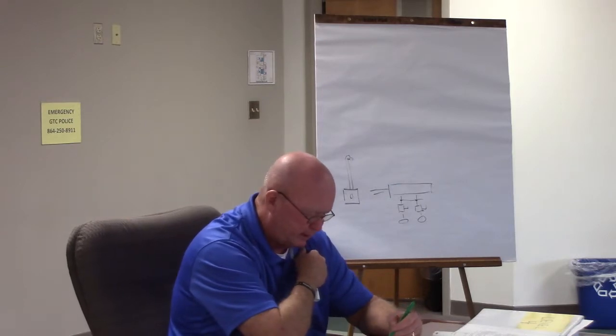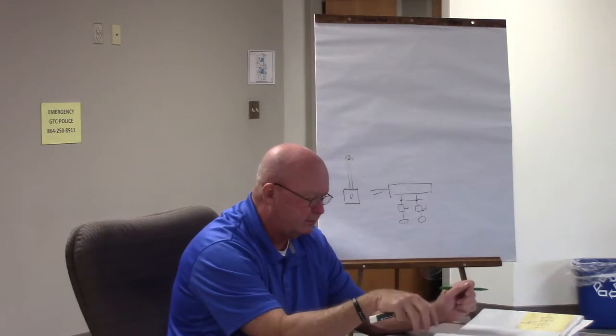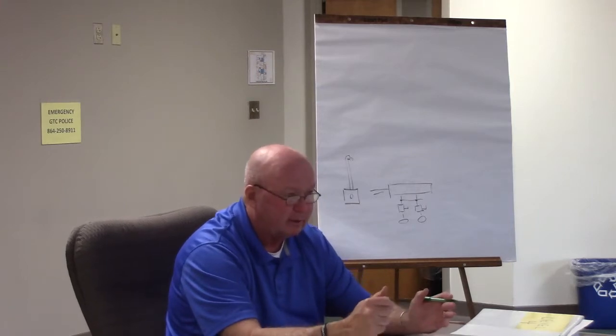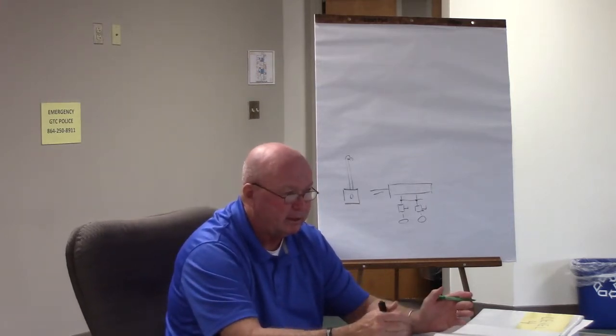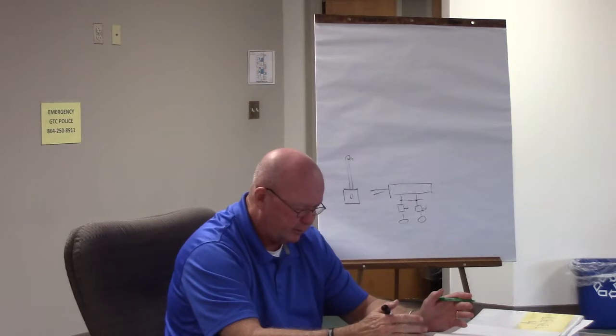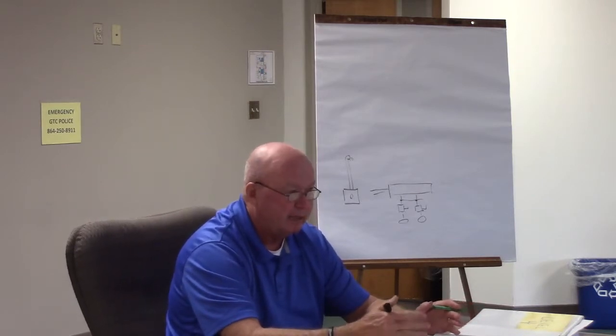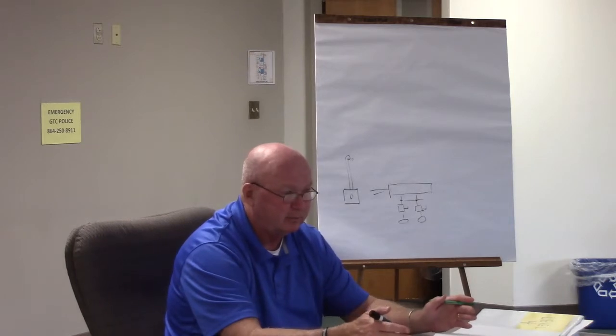Number 9. A building is defined as a structure that blank. Stands alone. We talked about that last week. A building stands alone or is separated from adjoining structures by firewalls. Okay? We may have a shopping center with multiple tenants, right? And because of the firewall, we can actually put in a separate meter for each one of those tenants.